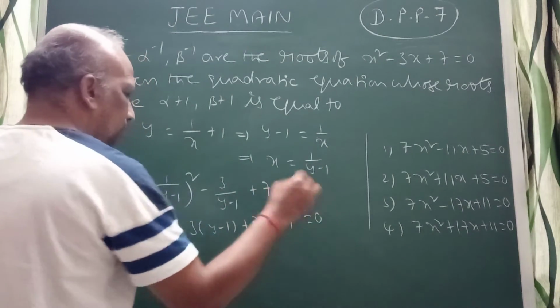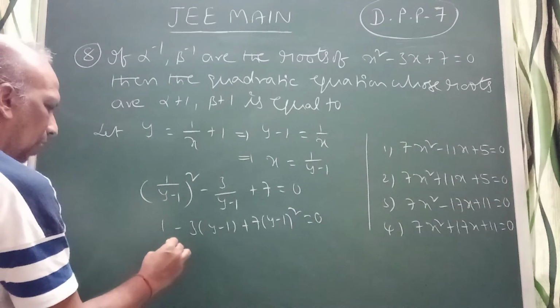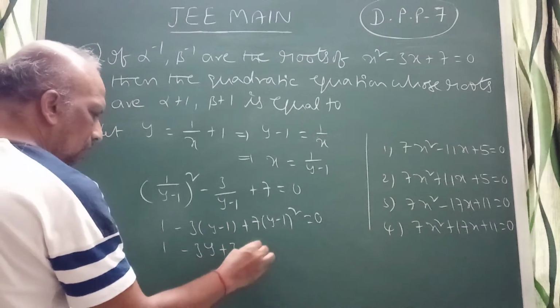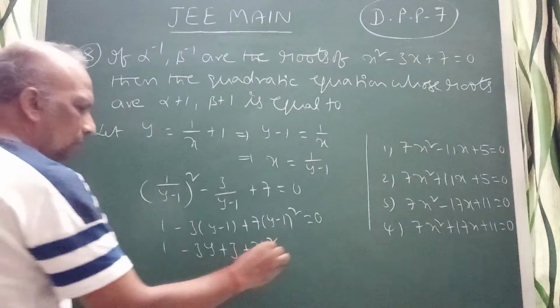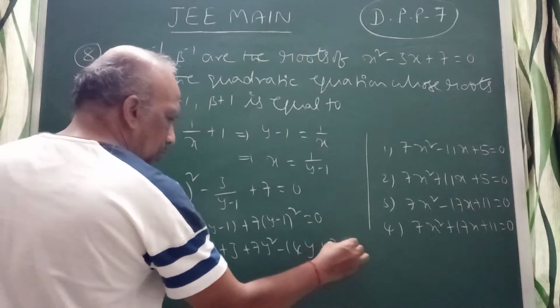Now I get 1 minus 3y plus 3 plus 7y square minus 14y plus 7 equal to 0.